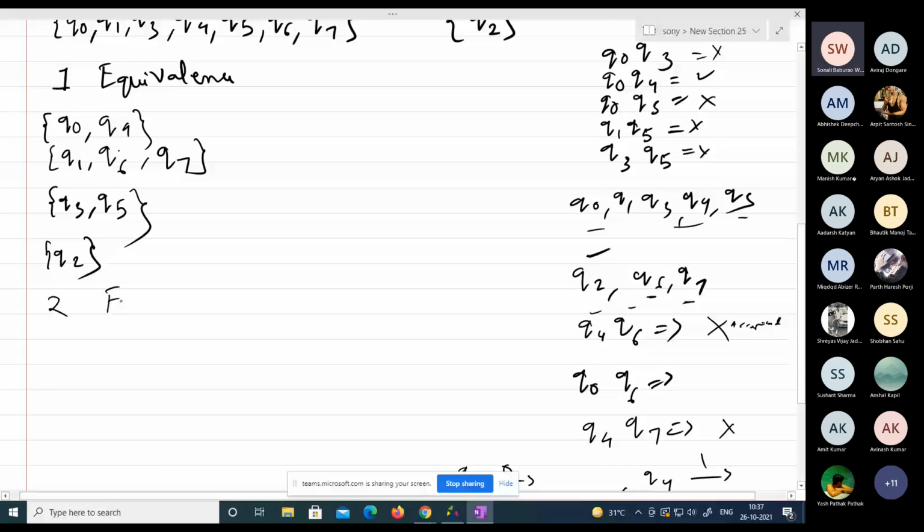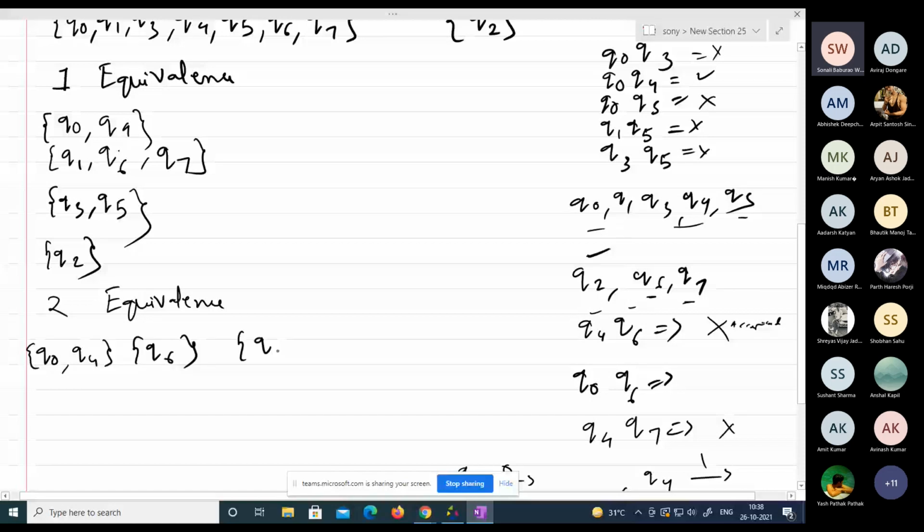Two equivalence, try to compute that. So after computing your two equivalence, you will get these values, just write it down. What all things you will get is, you have Q0, Q4.